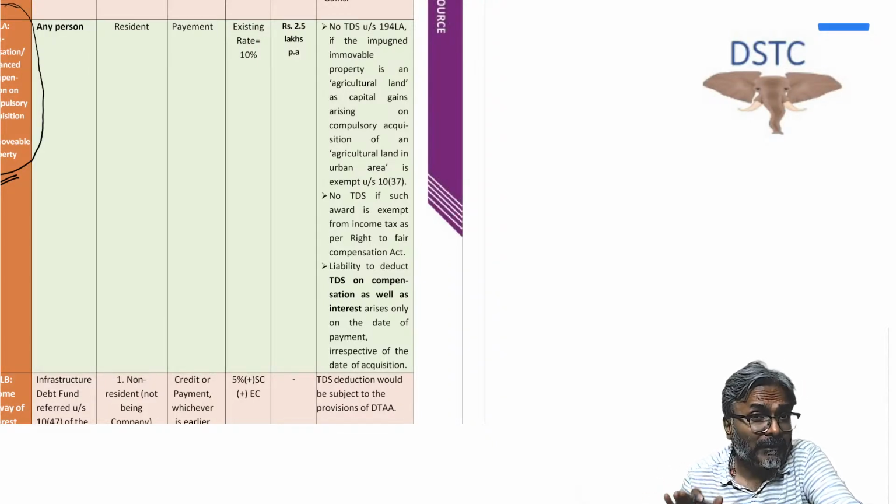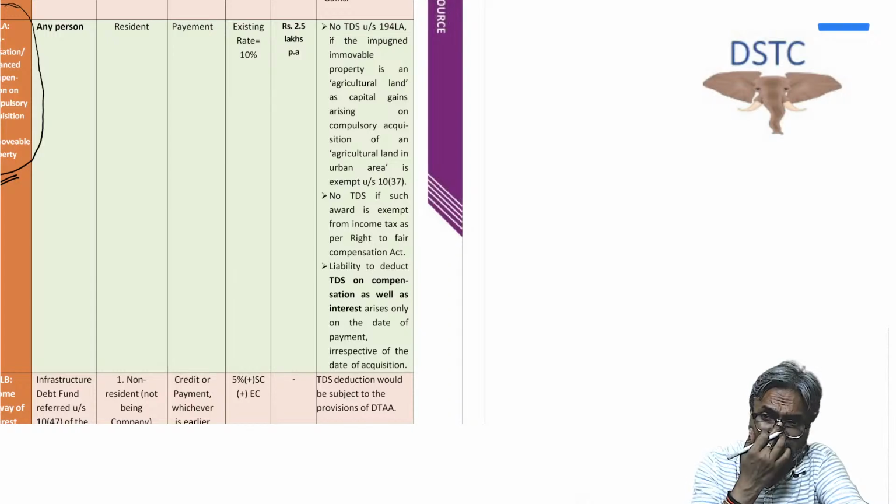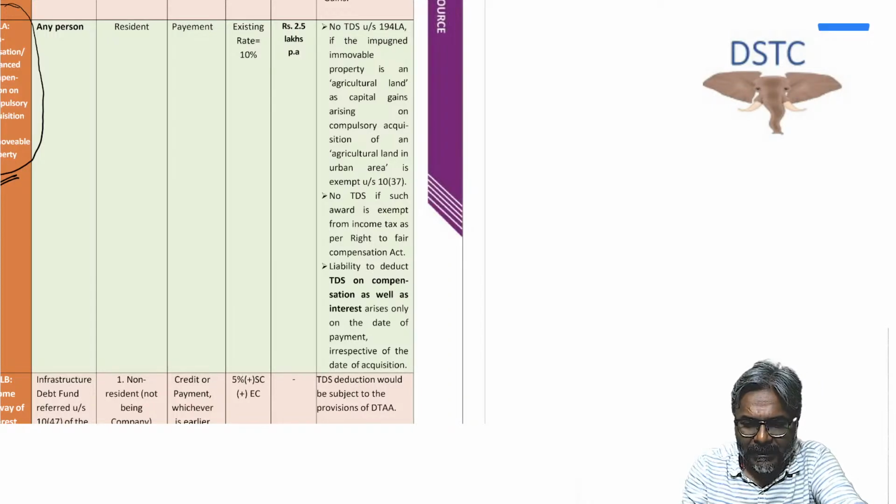Even though the government may have done a compulsory acquisition, it will still constitute a transfer, students, within the definition of transfer. So compulsory acquisition is also a transfer of a capital asset, and if it is a transfer of a capital asset, will it be chargeable to the head capital gains? To that the answer is yes.